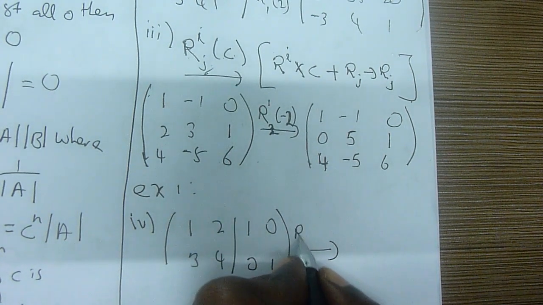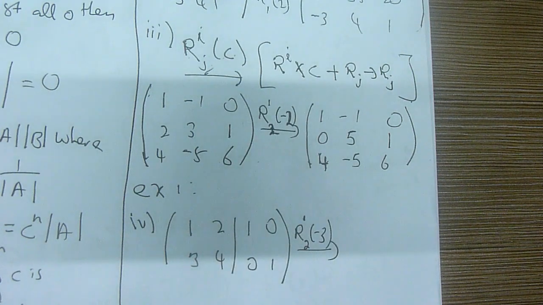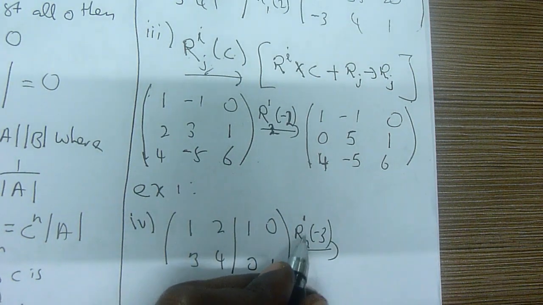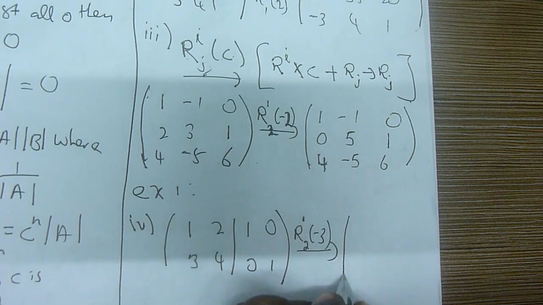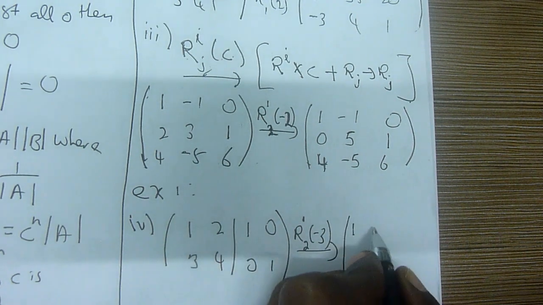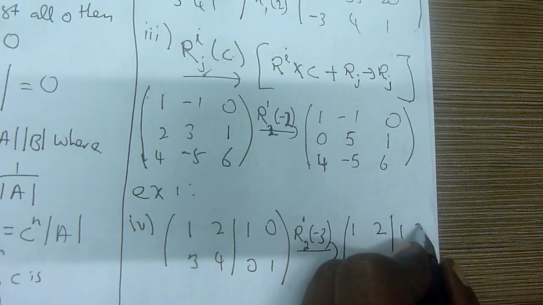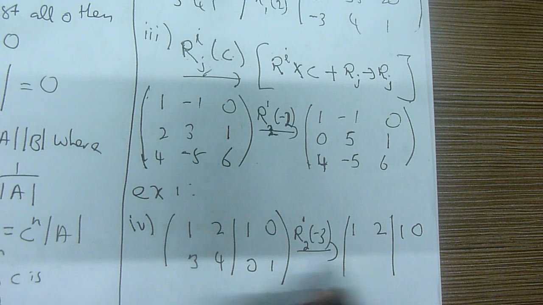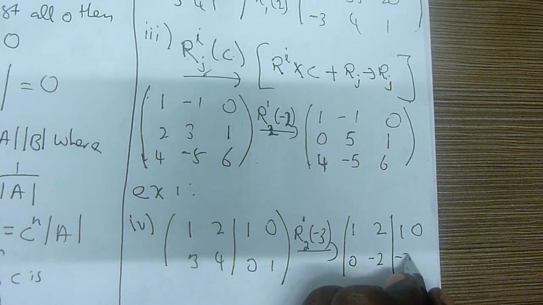I'm changing the 1 in the 2, I'm multiplying by negative 3. I'm taking row 1 times 3 and adding to the 3. Therefore, what I will get here is 1, 2, don't touch the first row. It's the same. But here, this becomes 0, negative 2, negative 3 and 1.